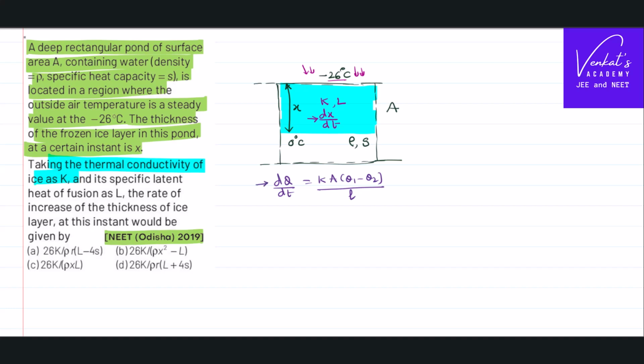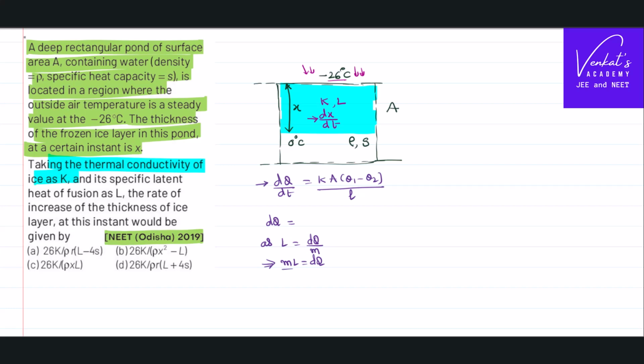Here in the place of dq, I can write dq in terms of the latent heat. Latent heat is defined as the amount of heat required to convert unit mass of substance from one state to other at constant temperature. Therefore, dq equals mL.